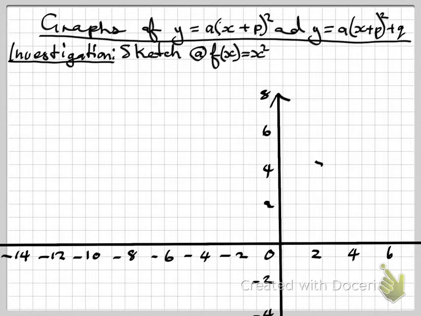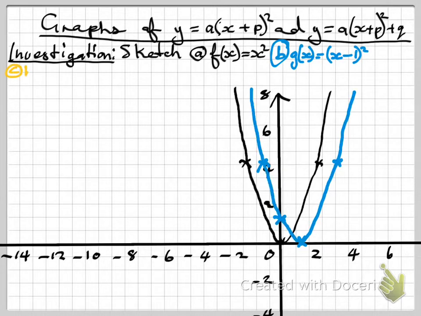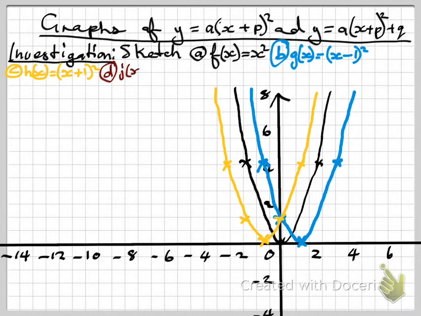So we are going to sketch different graphs again. We start with the parent graph. There it is, and then we draw g of x, where we've changed the parameter p. You see that we've reduced the parameter p actually, and the graph shifts to the right. And then if we increase the parameter p and make p positive, you see the graph will move to the left.